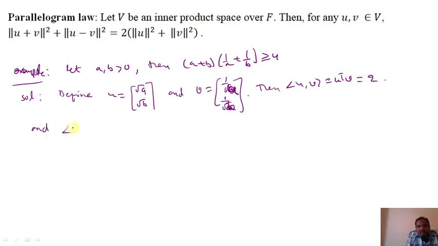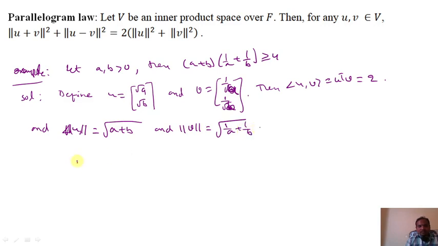And what is the norm of u? The norm is the square root of root a square plus root b square, that is, square root of a plus b. And norm v equals the square root of 1 by a plus 1 by b.